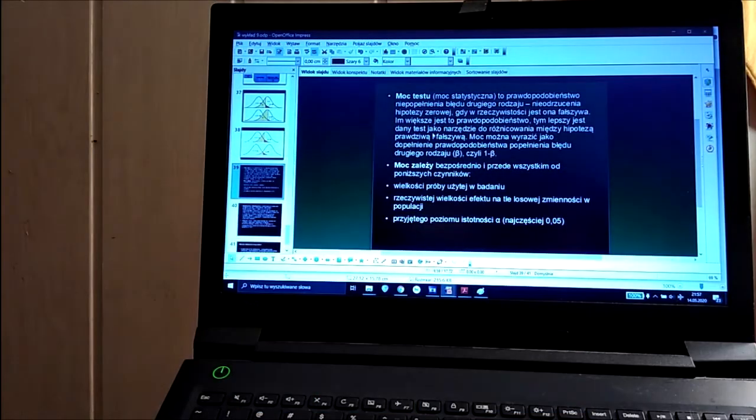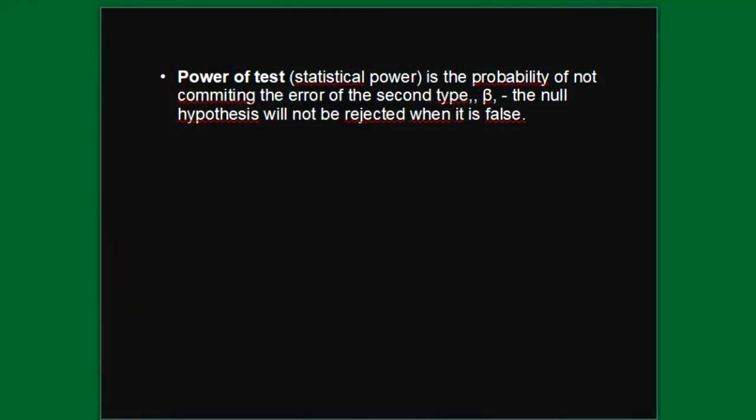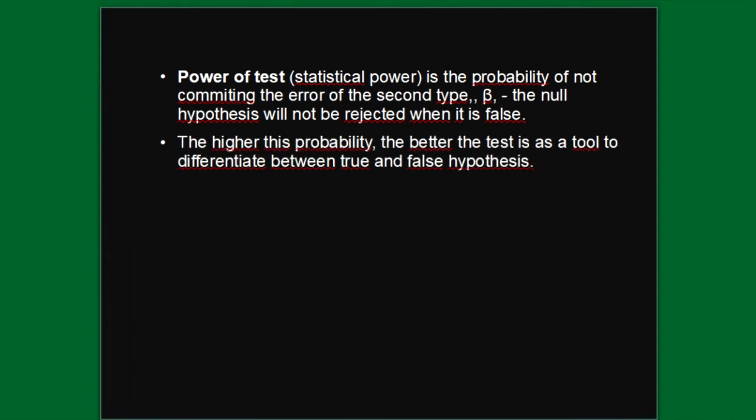Now let's speak about the power of the test. This is the probability of not committing the error of the second type, of rejecting the null hypothesis when in reality it is false. The bigger this probability, the better is the test as a tool for differentiating between false and true hypotheses.